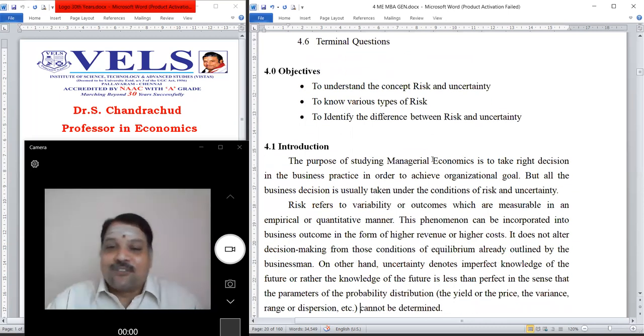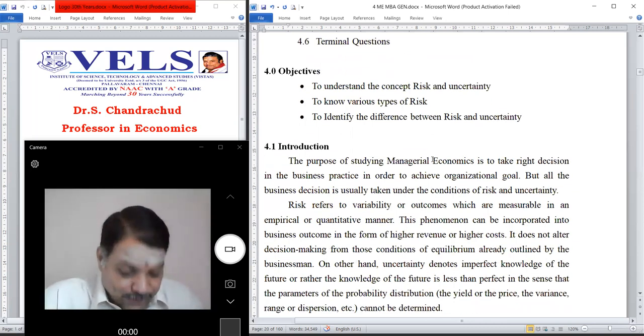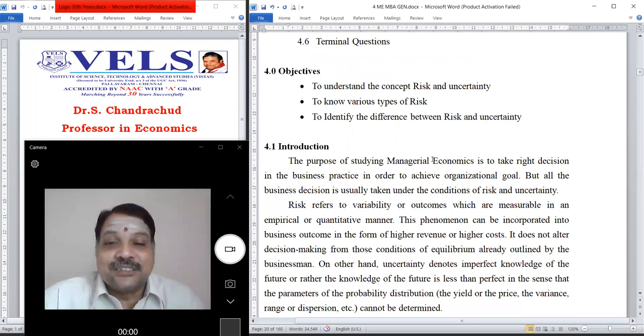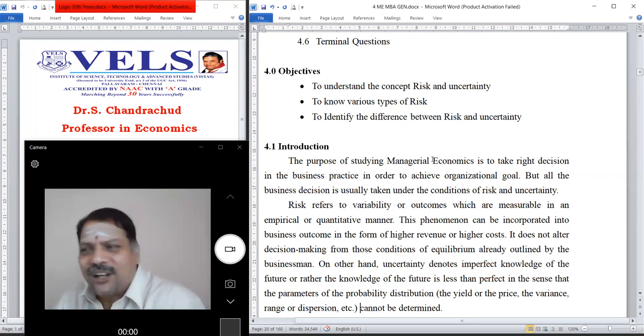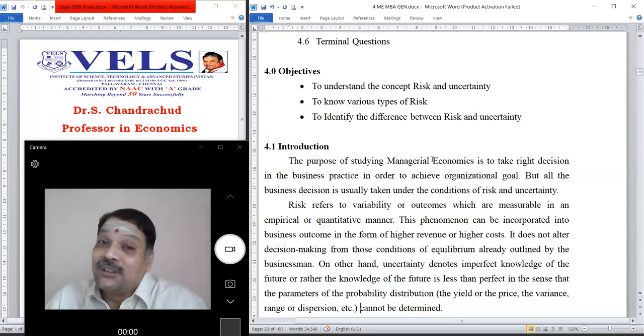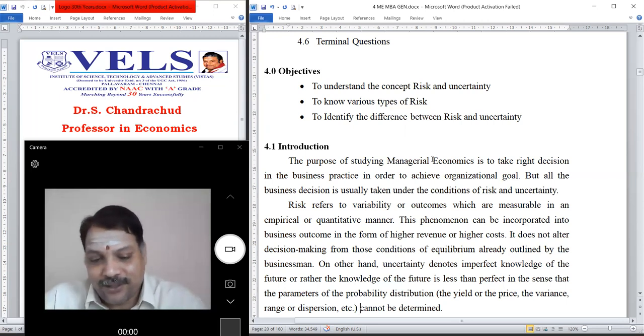The purpose of studying managerial economics is to take the right decision in business practice in order to achieve the organizational goal. But all business decisions are taken under uncertain situations. So there is a risk. So we should know the concept of risk.